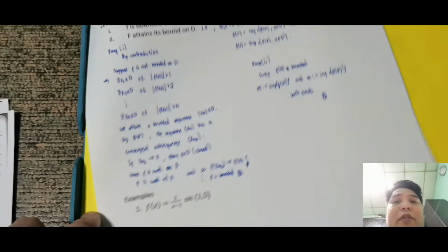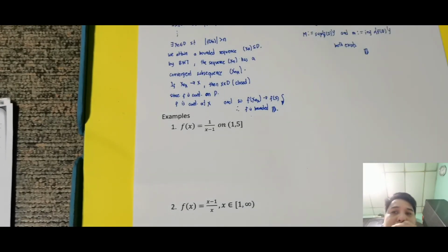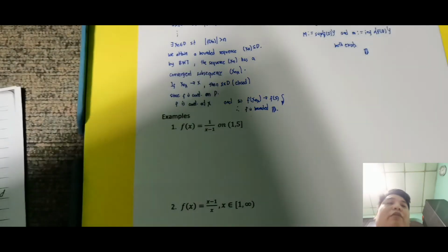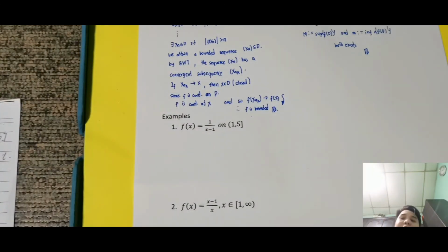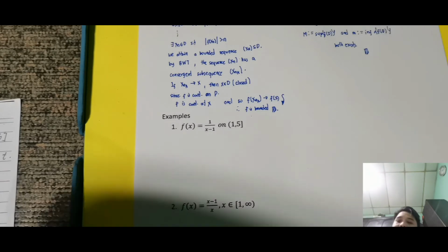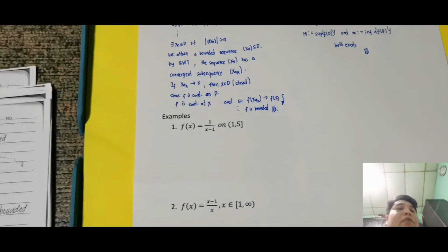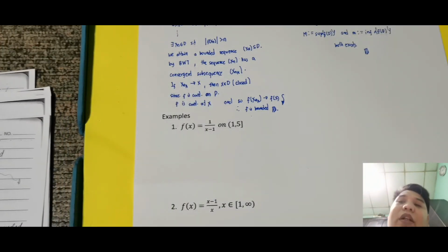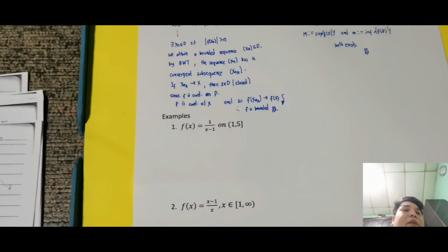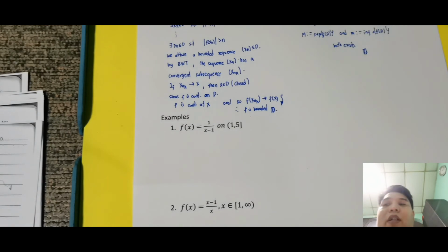Okay, so let's have example para maintindihan nyo rin. Hindi masyadong titibig example ko, pero ginrap ko na rin siya using GeoGebra. Hindi ko na masyadong hirapan sarili ko kasi gagrap pa natin, tatagal pa yung video. Okay, so number 1, f of x equal to 1 over x minus 1 on (1, 5].